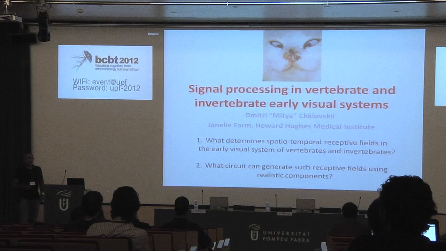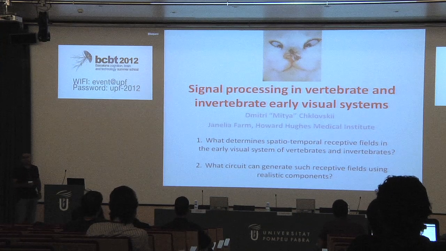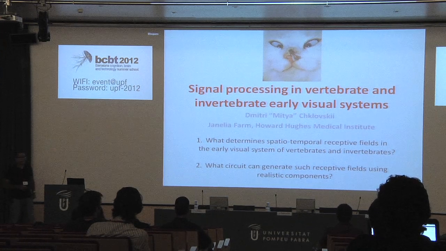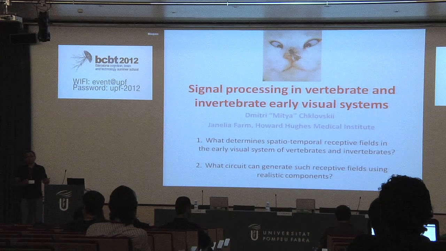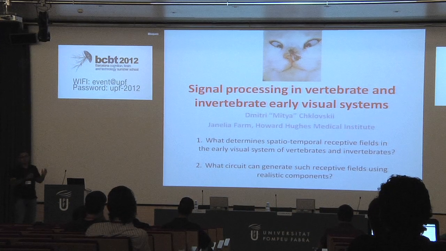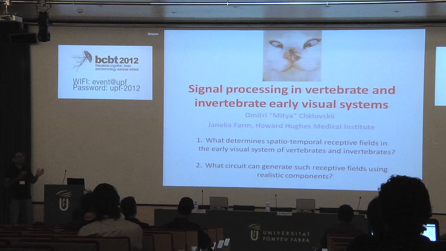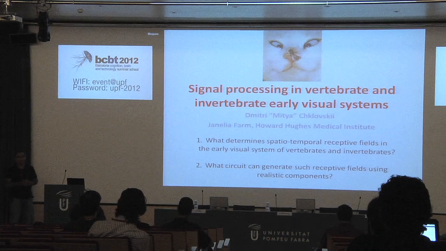And the second one is more focused on the circuits and how those receptive fields arise mechanistically. And because this is an interdisciplinary talk, I welcome interruptions and questions. So if there is anything you want to ask, please interrupt me. I intentionally planned the talk to be shorter than the time slot I have.